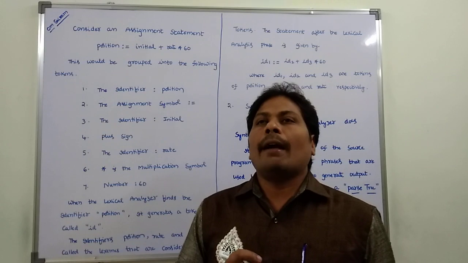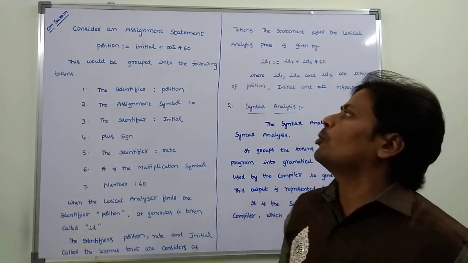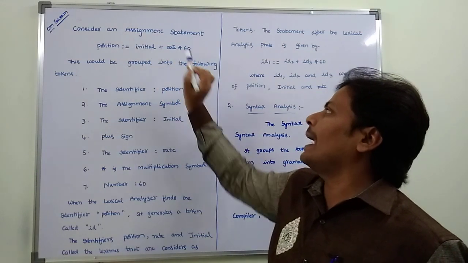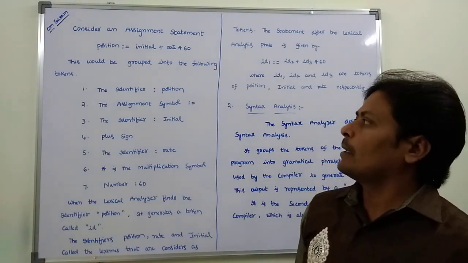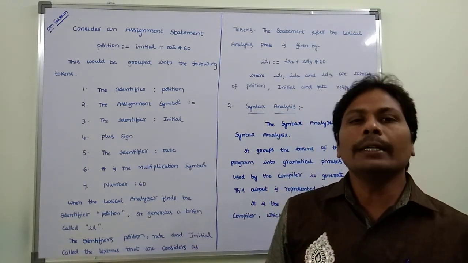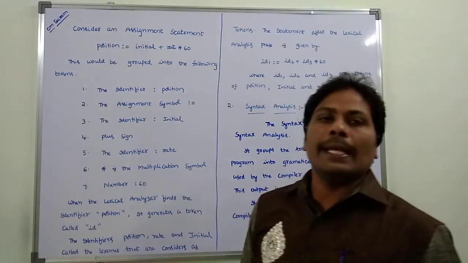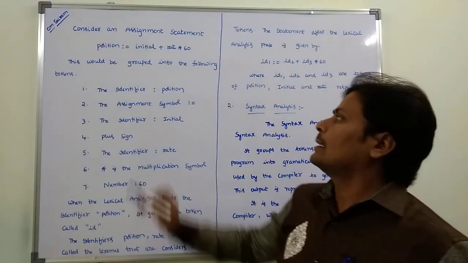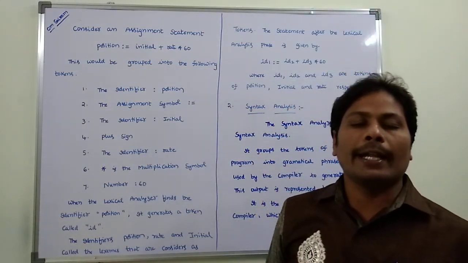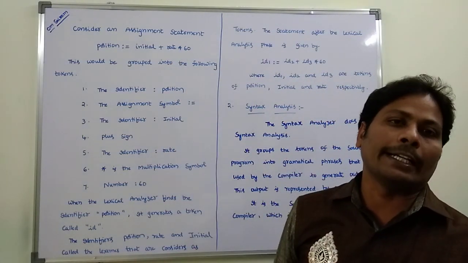Now consider the assignment statement: position = initial + rate * 60. This would be grouped into the following tokens. Here position is one identifier, initial is another identifier, rate is another identifier.